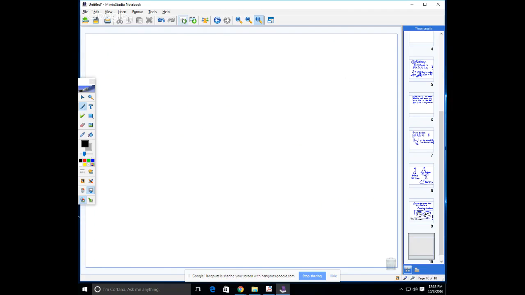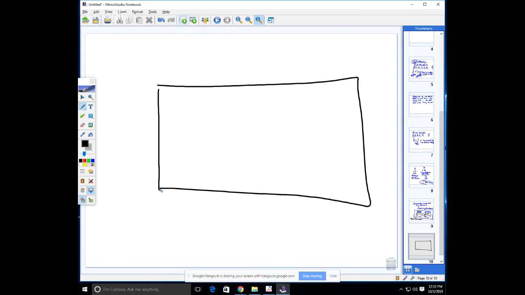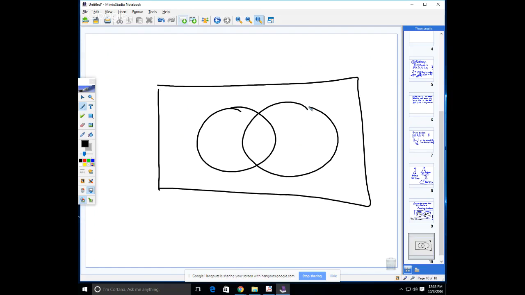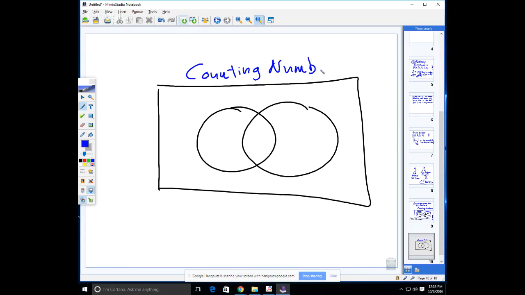Another version of that Venn diagram, usually a Venn diagram starts with some kind of rectangle, and then it has one or more circles. Usually the circles are made to overlap like that. And so let's just analyze this for a moment. So let's suppose, again, we're playing with the counting numbers. Whatever thing represents the rectangle, that's called your universe.